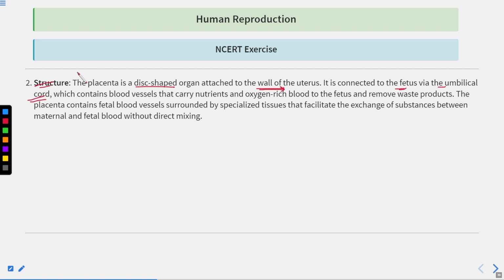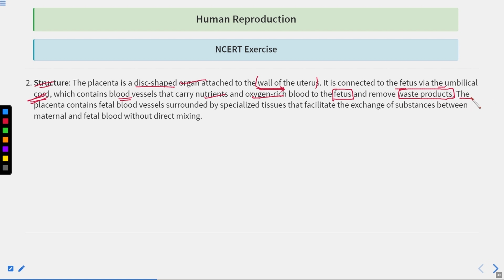So whenever the baby is born, first of all, this umbilical cord is cut. This umbilical cord contains the blood vessels that carry the nutrients as well as the oxygenated blood to the fetus and remove the waste products also, the nitrogenous waste that is produced in the body.